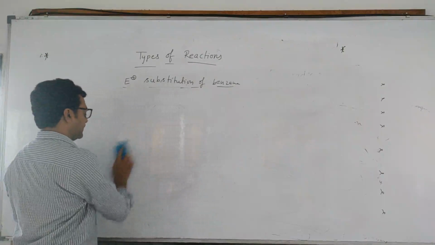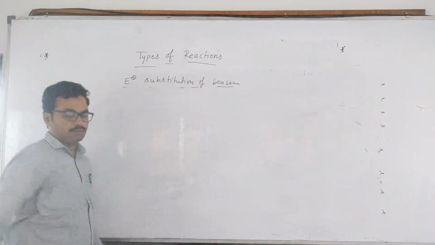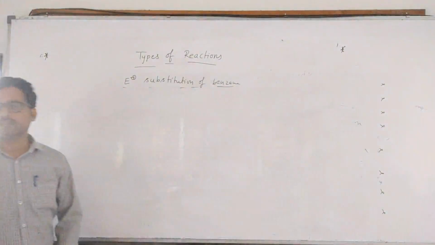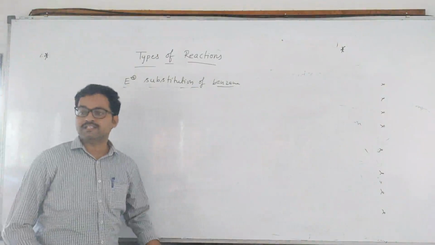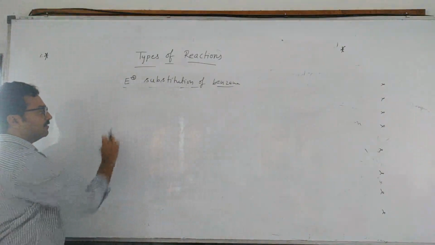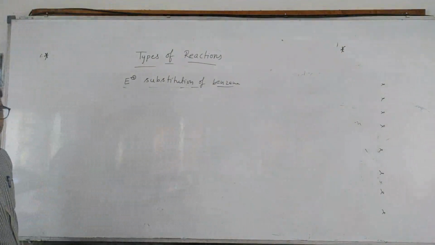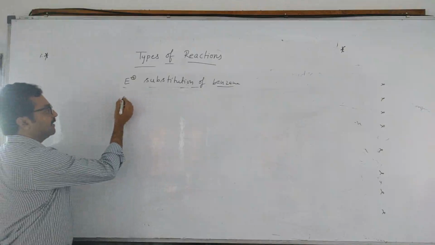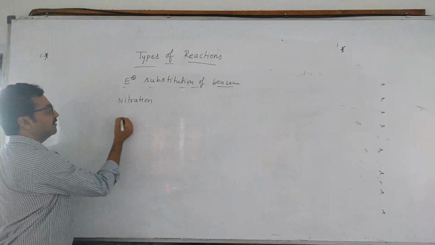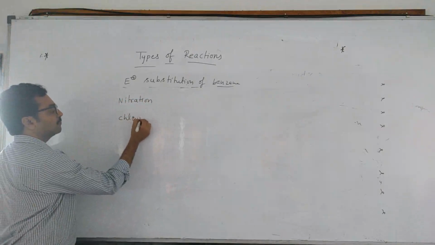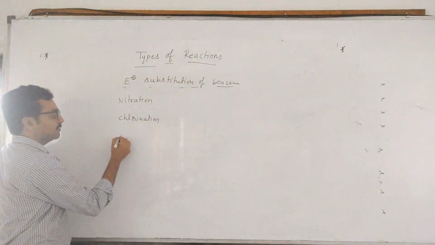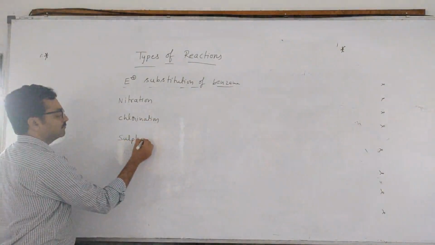Sulfonation, nitration, very good. Chlorination, right? Chlorination, nitration, sulfonation, Friedel-Crafts alkylation and Friedel-Crafts acylation. Those are the main ones. Other named reactions are also there, like the Gattermann reaction and the Gattermann-Koch reaction. So mainly, what are the things, children? Nitration first. Nitration, halogenation or simply chlorination. Next, sulfonation.